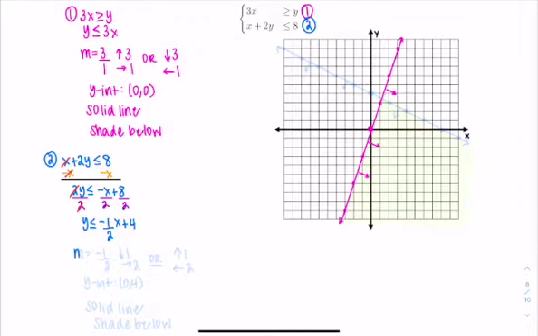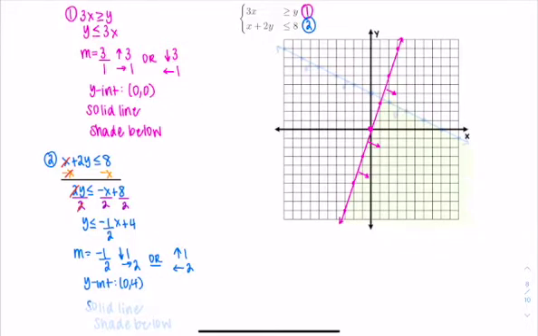And so my slope is negative 1/2, which means I'm going to go down 1 unit and to the right 2, or I am going to go up 1 unit and to the left 2. My y-intercept is the point (0, 4).